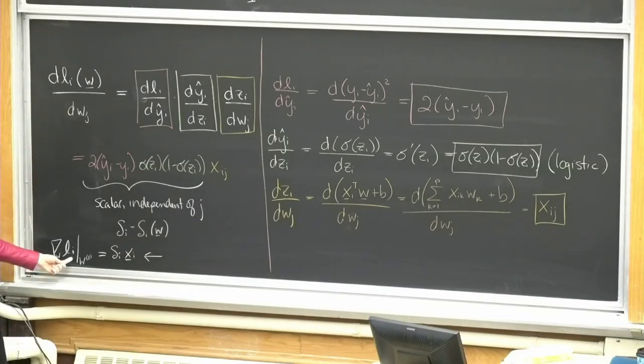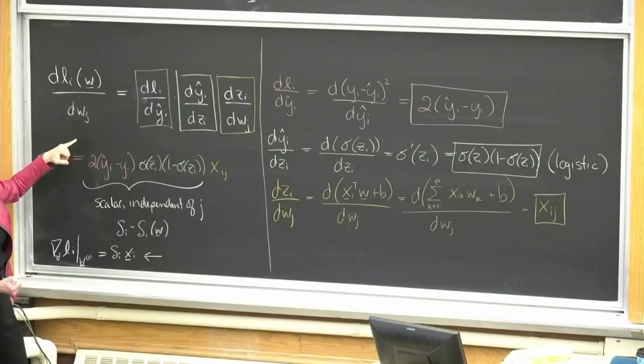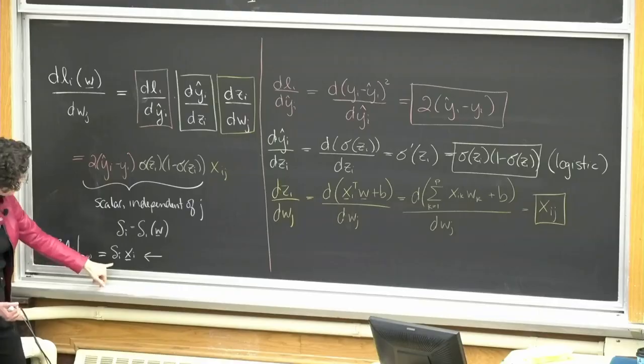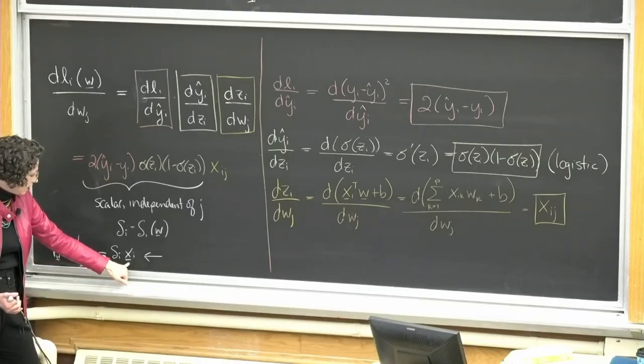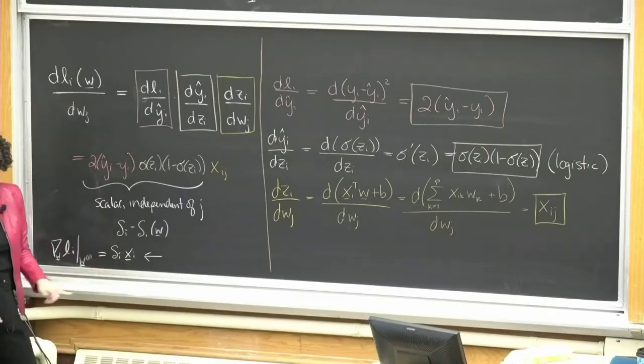What we really want is the gradient of Li with respect to the vector W. And so that gradient, like we drew out on the far right board, is simply the vector of these derivatives for W1, W2, etc. And so I'm taking this expression here and I'm saying, okay, now if I stack this up for all the different j's, what would that be? Well, it's going to be the vector xi times the scalar factor, which is simply this delta i.